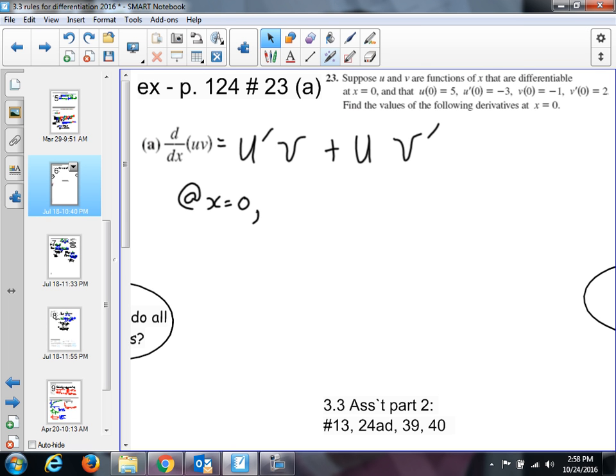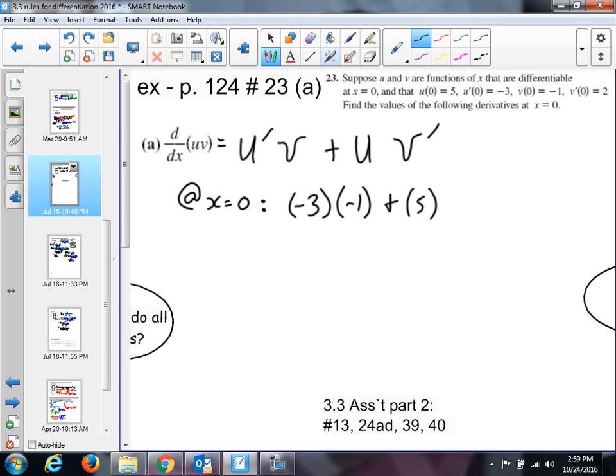We don't have a name for this expression, like f of x or whatever. But anyways, at 0, we've got a negative 3 times the v expression, negative 1, plus the u expression, which is the number 5 at 0, times the v prime expression, which is 2. And that's just arithmetic. Negative, negative, so positive 3 plus 10, so 13.